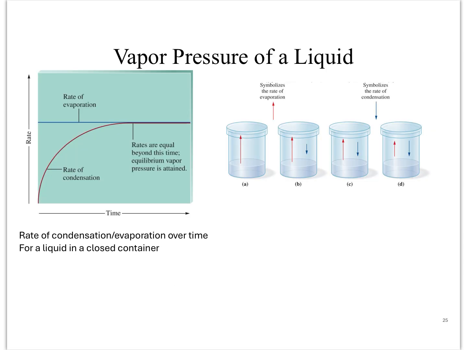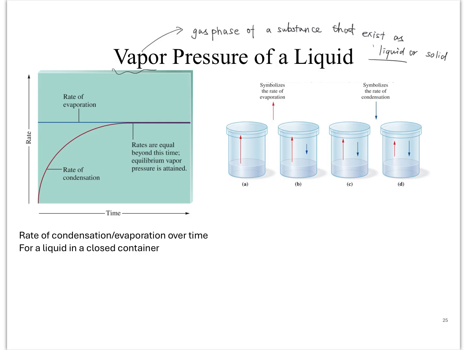Now we are going to look at the third feature of the liquid, which is so-called vapor pressure. So first of all, what is vapor? Vapor is basically just a gas, specifically the gas phase of a substance that exists as either liquid or solid.